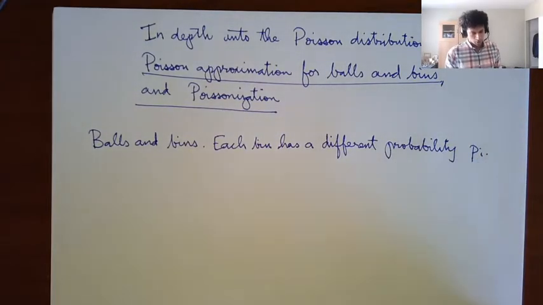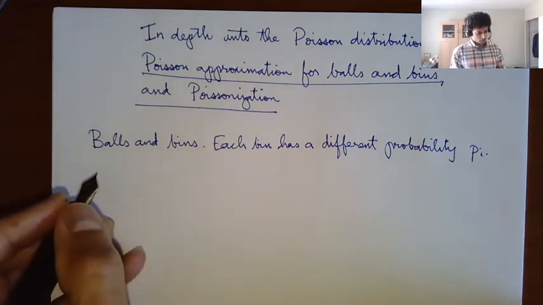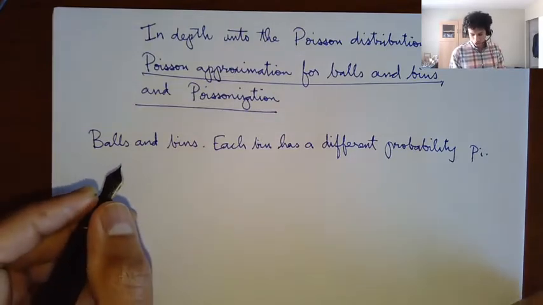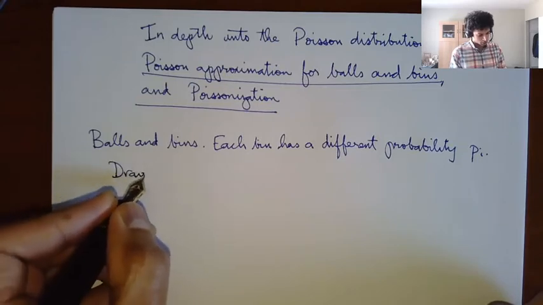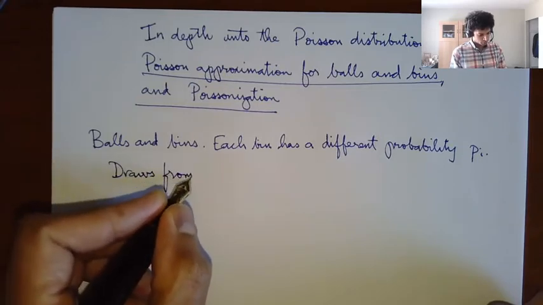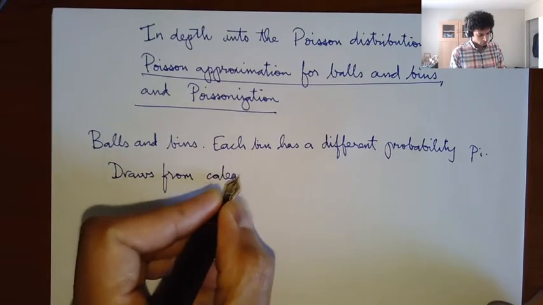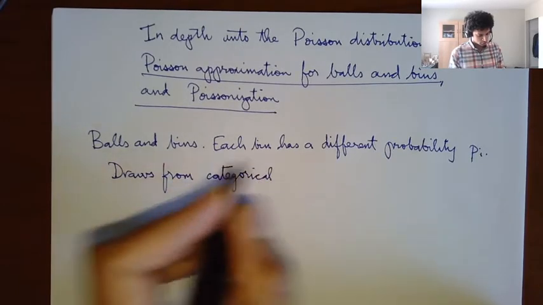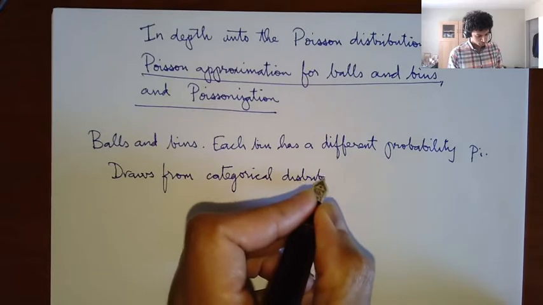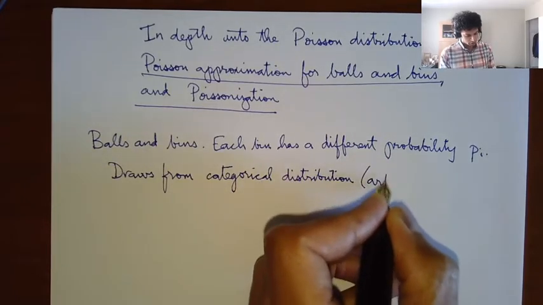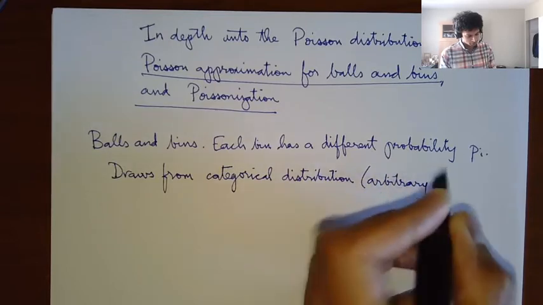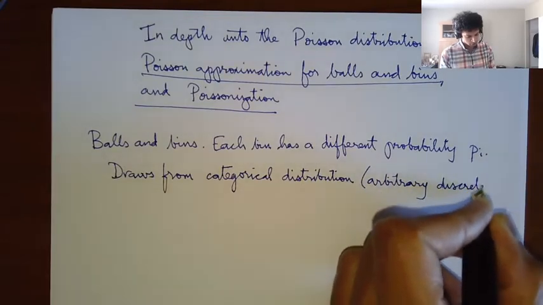So in terms of statistics, these would be draws from what's called the categorical distribution, which is, we're just looking at an arbitrary discrete distribution.